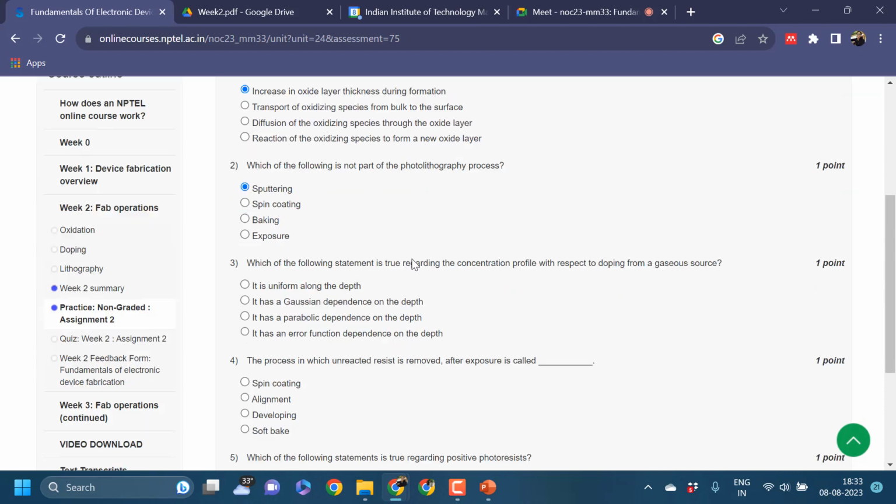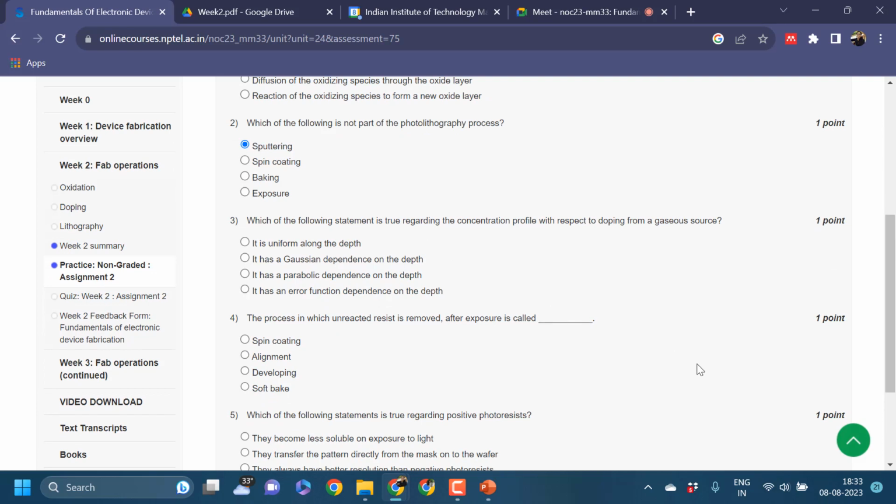So next is which of the following statements is true regarding the concentration profile with respect to doping from a gaseous source? In the summary we had mentioned that if it was solid it used to follow a particular dependence, and if it was gaseous or liquid it used to follow another dependence.